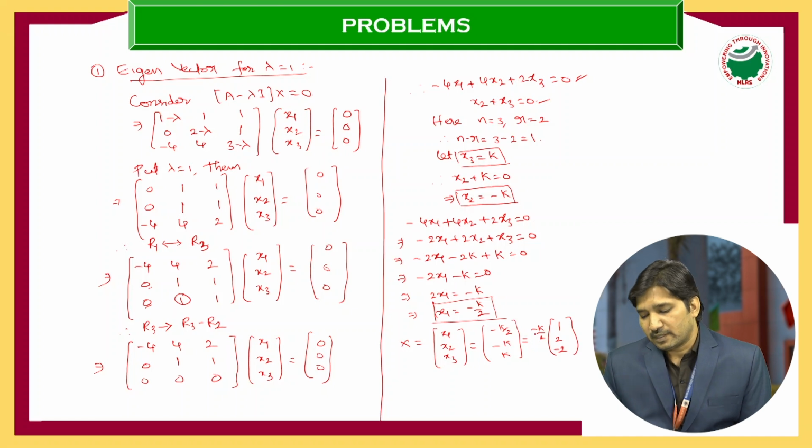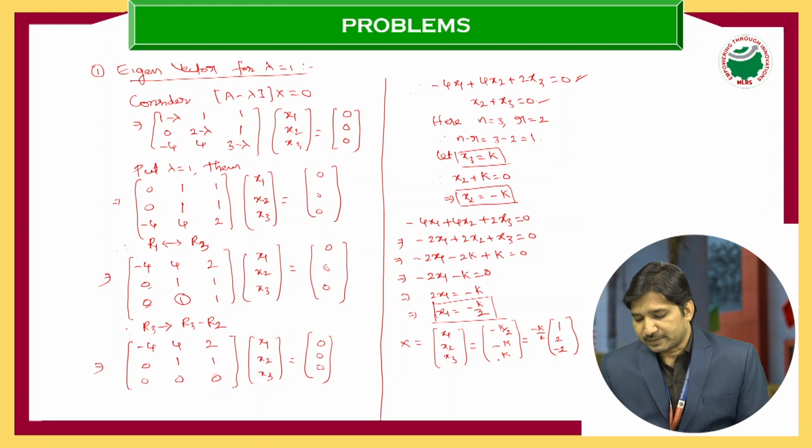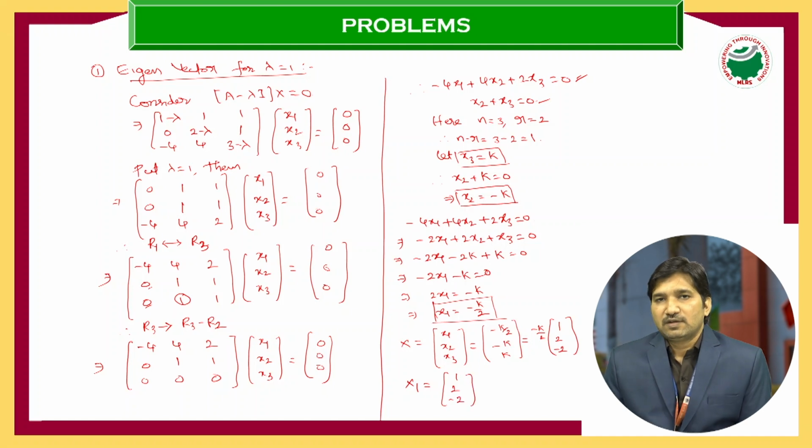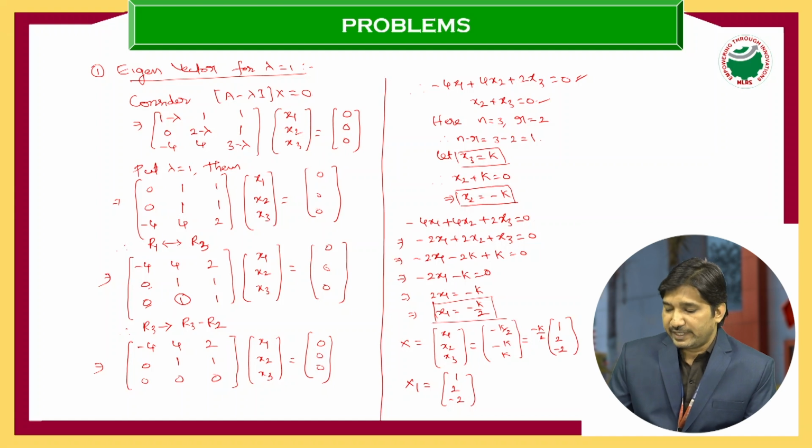So multiplying this vector by minus k by 2, we get the same: minus k by 2, minus k, k. So finally the eigenvector x1 is (1, 2, minus 2). That is the first eigenvector of the eigenvalue lambda equal to 1.